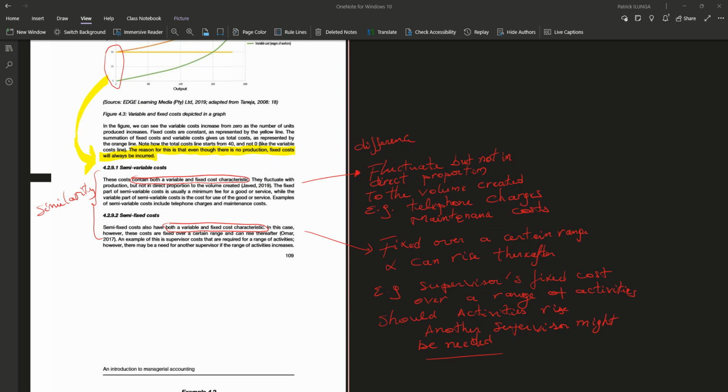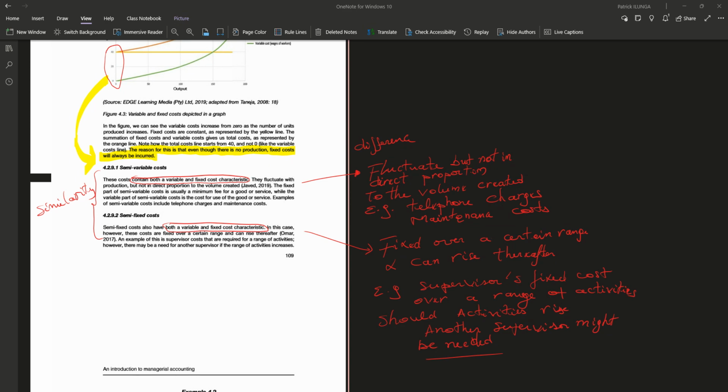Semi-variable cost like the telephone charges or maintenance cost will fluctuate, but not in direct proportion to the volume created, right?